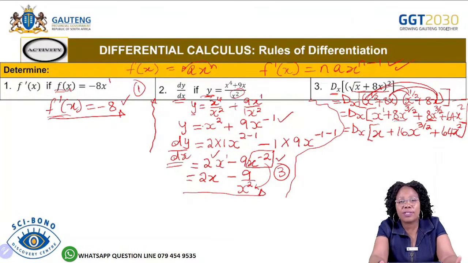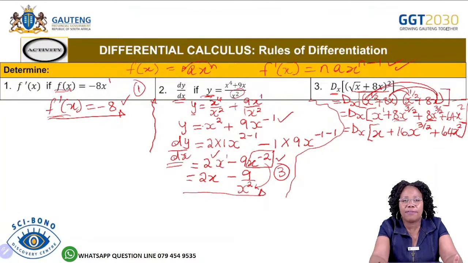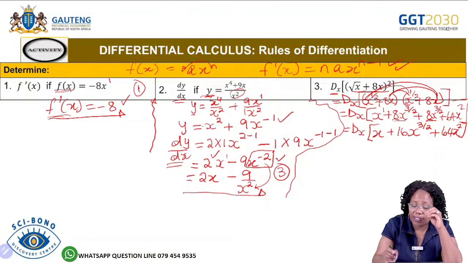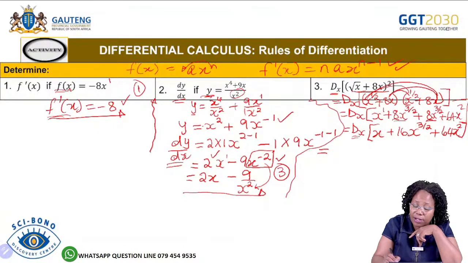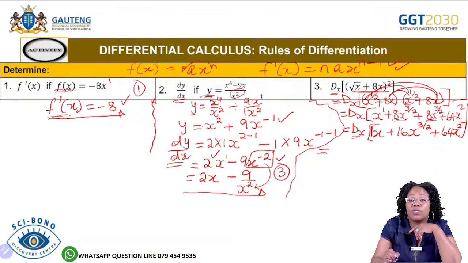We can now start deriving only after thorough simplification. Now because we are starting with the derivative, this dx will disappear. For correct notation, it will only be equal to, and then remember the coefficient of x is 1. We said if it is x to the power 1, we take the coefficient. You still remember that, grade 12?